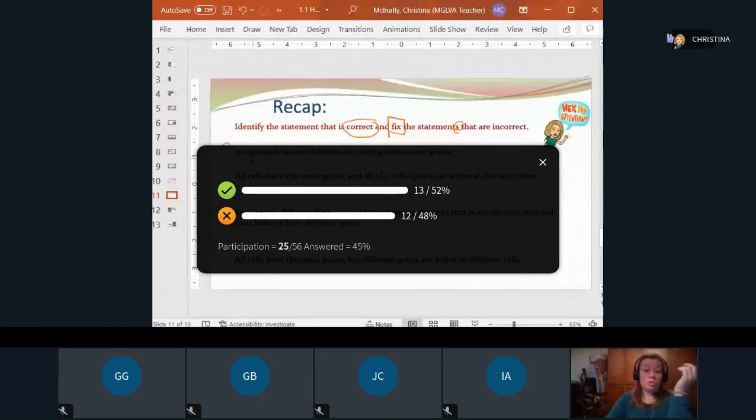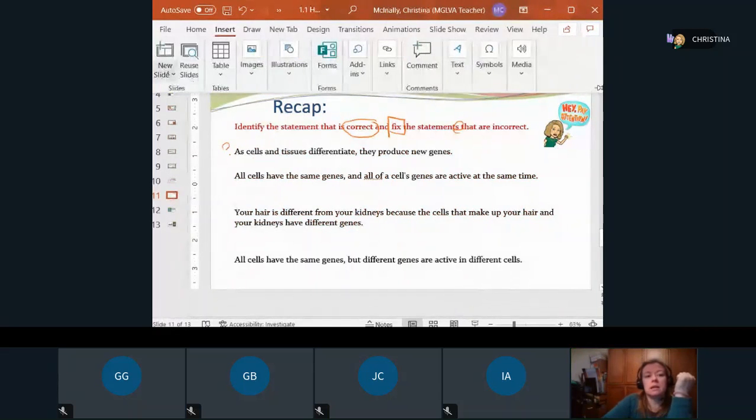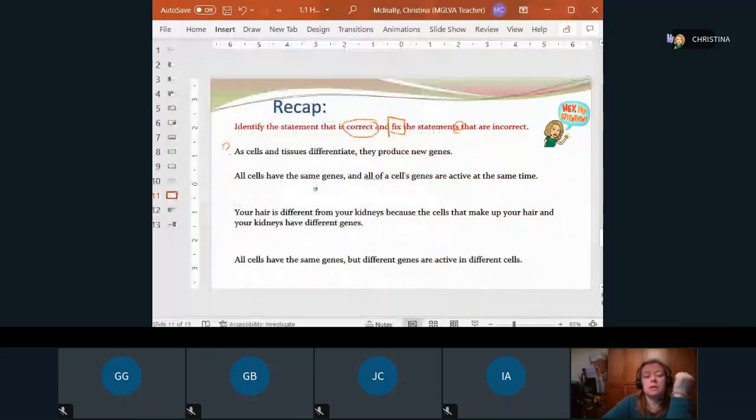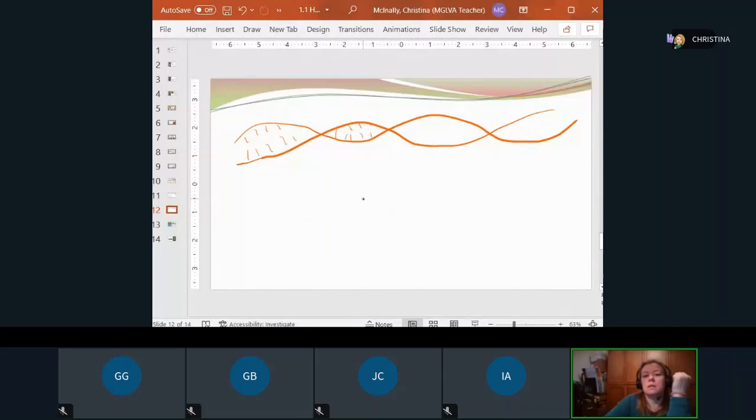So isn't it true that all cells have the same DNA in an organism, right? So remember DNA, here I'm going to insert a new slide. Give me a blank one. Okay. So if DNA as a double strand looks a little bit like this, right? If we remember that these are the nucleotides, and they're mating in the middle.